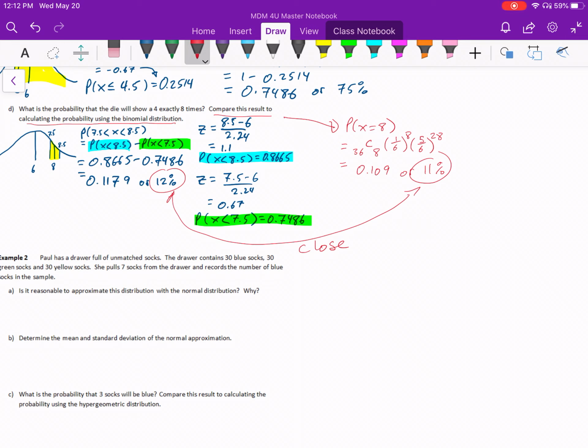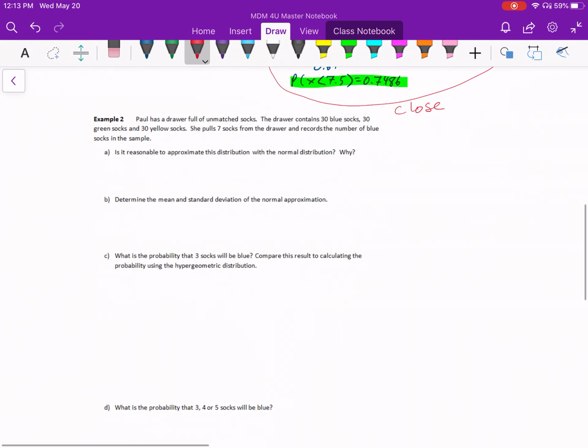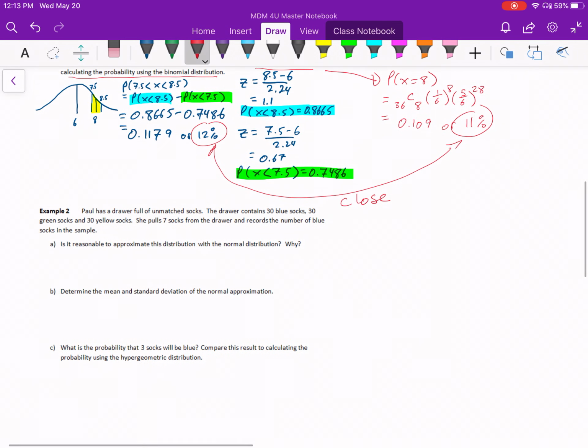Imagine, in this situation, instead of asking what's the probability we're going to roll a 4 exactly 8 times, what if we wanted the probability of rolling a 4 16, 17, 18, 19, 20, 21, etc., all the way up to 36 times? Even if I did the indirect method, I'd still have to do about 15 or 16 different calculations. That would be a case where using the approximation would actually save us time. But the point is they're close, right?